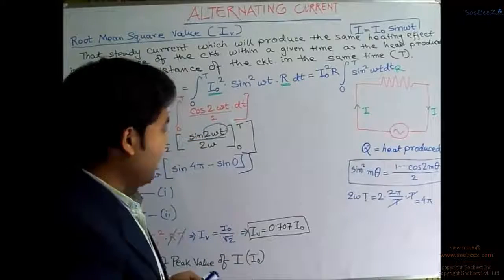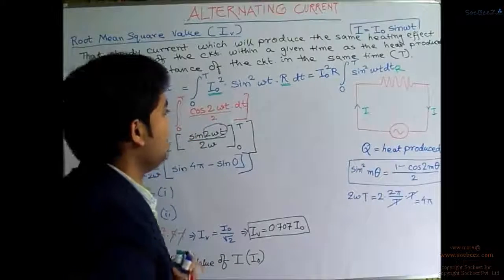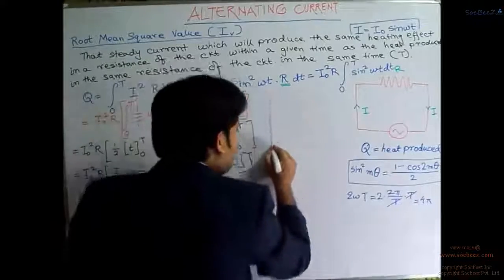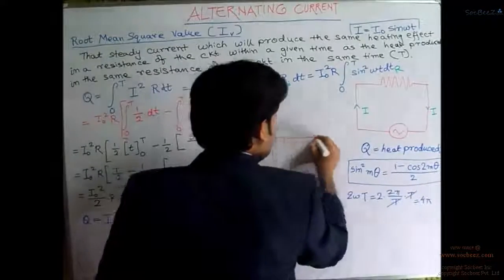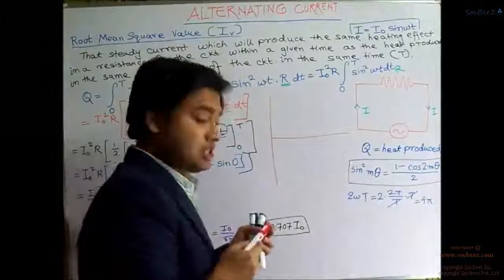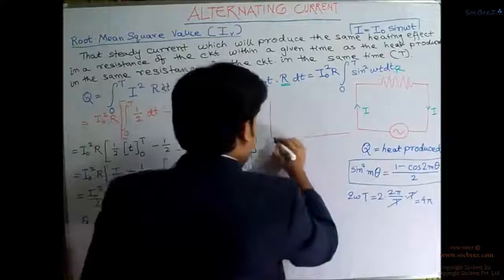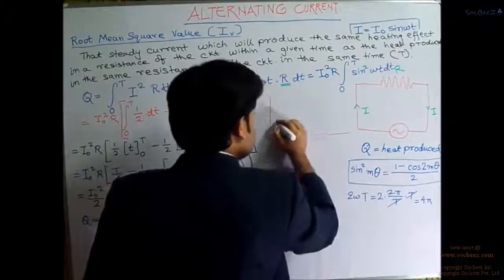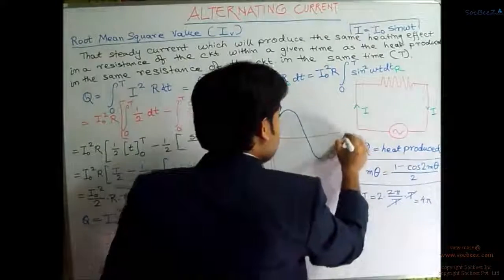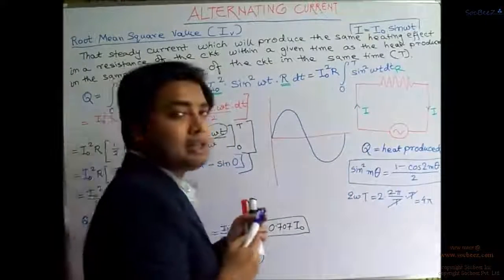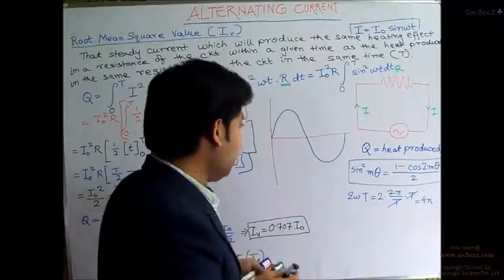Now if we look at the curve for an alternating current, which we have seen as a sine waveform, we will see that there is a sine waveform, for example, somewhat like this, right?